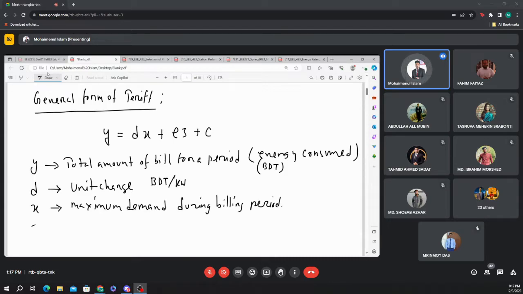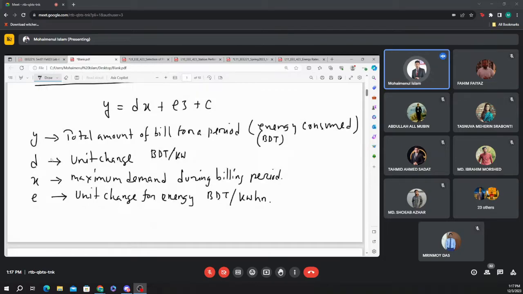And finally, you have E. E is your unit charge for consumed energy, okay? You know energy is kilowatt hour, so it should be, suppose, BDT per kilowatt hour. For that energy, you need to pay some money, right?